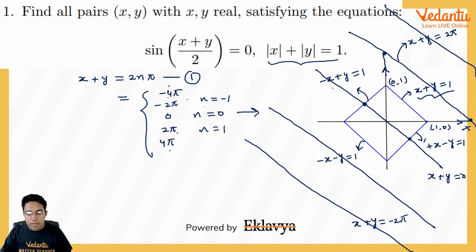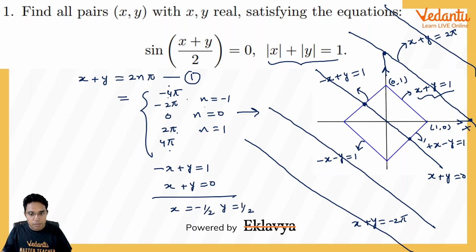If we solve -x + y = 1 with x + y = 0, we get x = -1/2 and y = 1/2. You can check. So this is the point (-1/2, 1/2). Similar to this, there will be another point in the fourth quadrant where x is 1/2, y is -1/2. So these are the two solutions for this question.